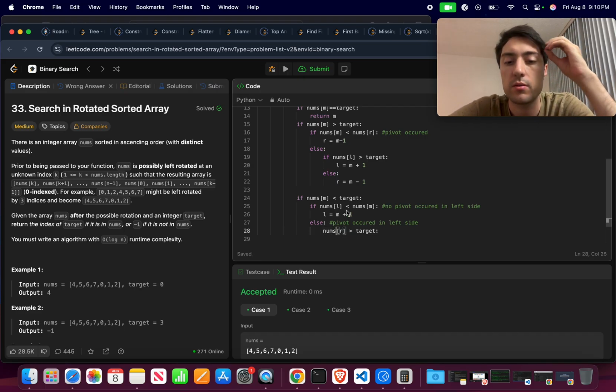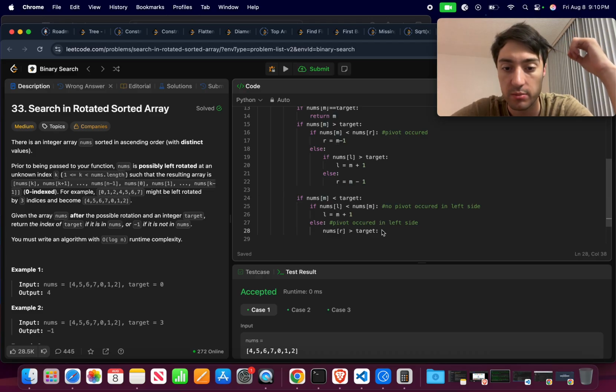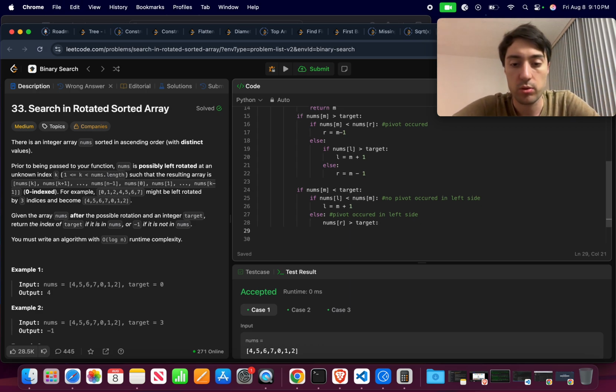So my middle point is too small. I need something bigger. So I'm going to look to see if the right-hand side, which is ever increasing, contains something bigger. If it is, I throw away the left. So left is going to equal mid plus 1.